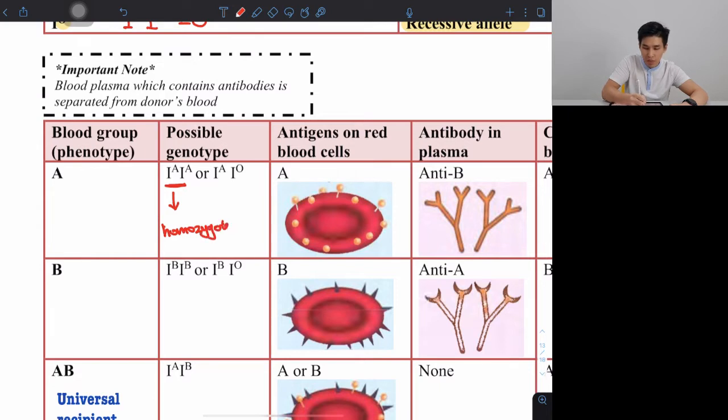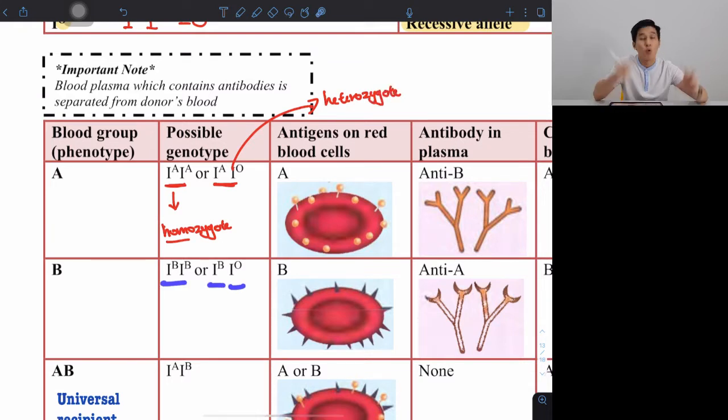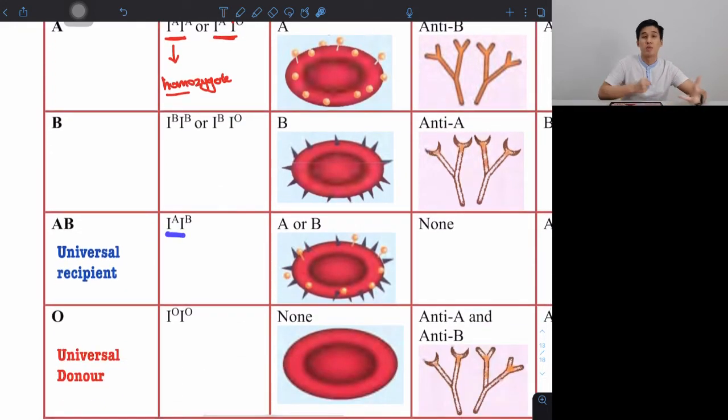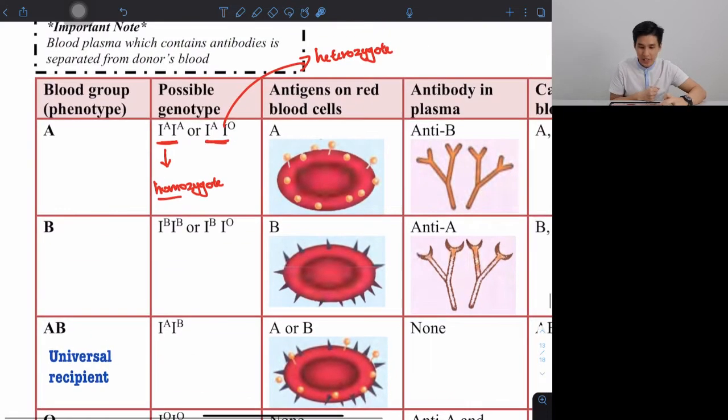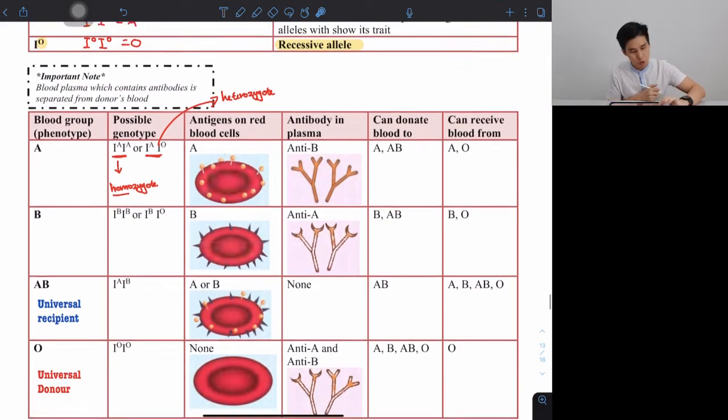Homo means one type of allele. For IA IO, you have 1 dominant and 1 recessive, both different, so it's a heterozygote. The same goes for B: you can be dominant, BB, or dominant and recessive, and you are still blood group B. For AB, as we just discussed, you must be IA IB. O must be IO IO.